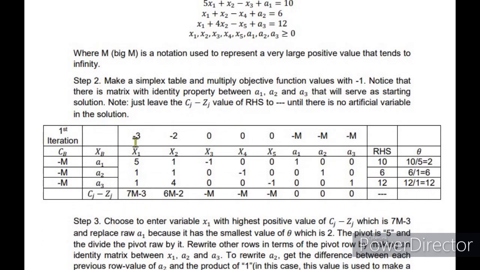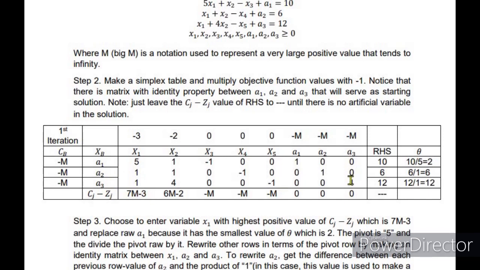For step 2, make a simplex table, okay? Then since this is minimization simplex, you multiply the objective function values with -1, okay? That's why all values here are multiplied by -1. Notice that there is a matrix with the identity property between a sub 1, a sub 2, and a sub 3.